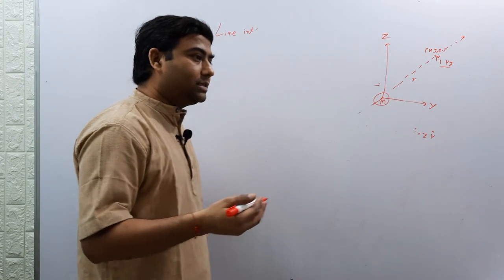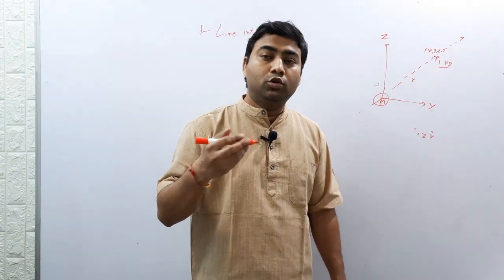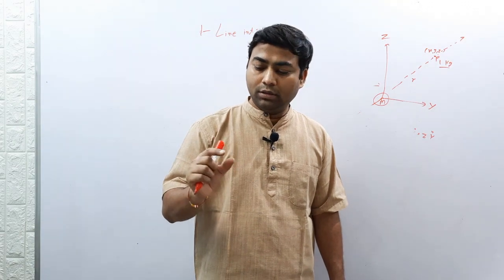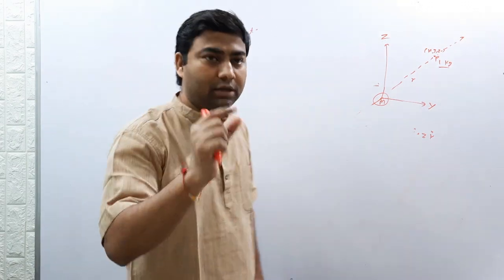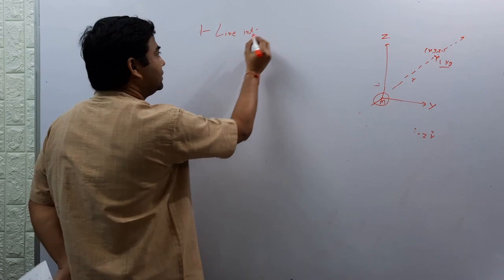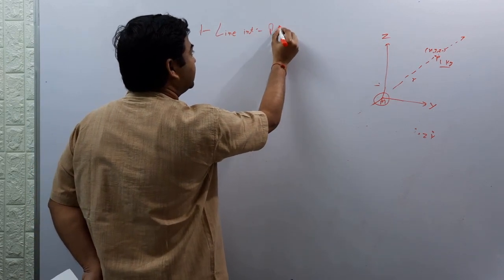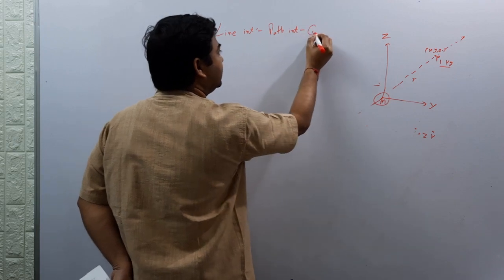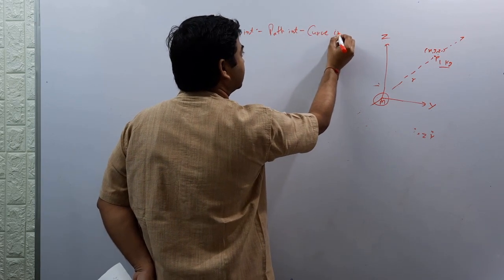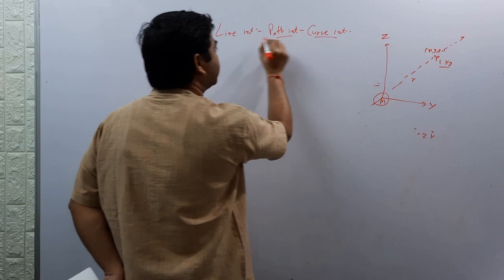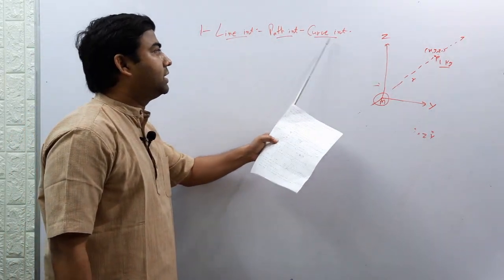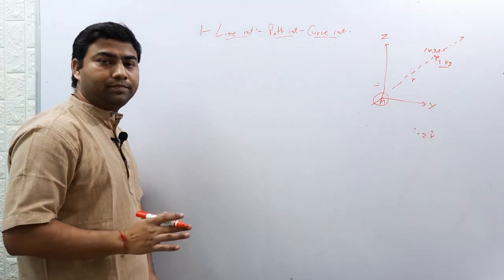So line integration is found by the dot product of a given vector field along a line, along a curve. This is also called path integration or curve integration. Line integration, path integration, curve integration, all are the same.